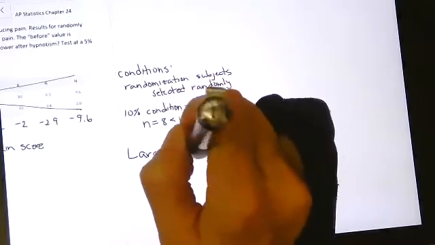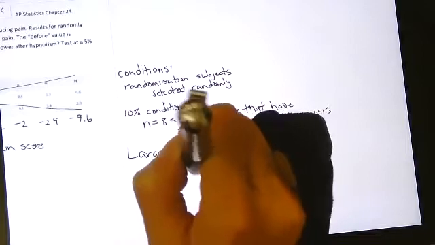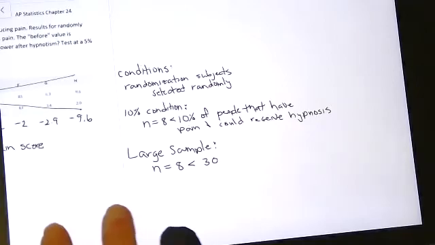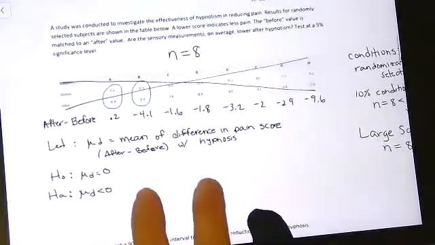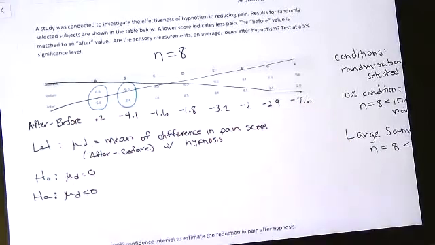Okay, large sample. This is where we have a problem. n is 8, which is less than 30. So I need some evidence to see that these are relatively symmetric. I'm going to put them in my calculator. So stat, edit, list 1. Fortunately, there's only 8 values here: 0.2, negative 4.1, negative 1.6, negative 1.8, negative 3.2, 2.